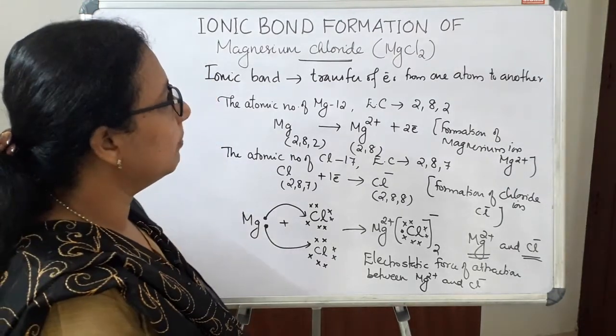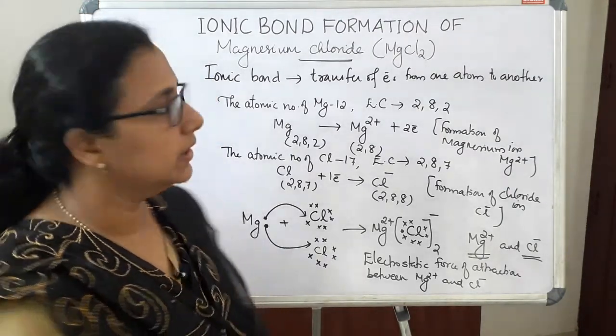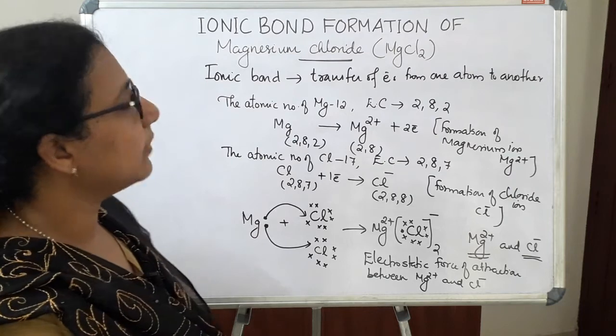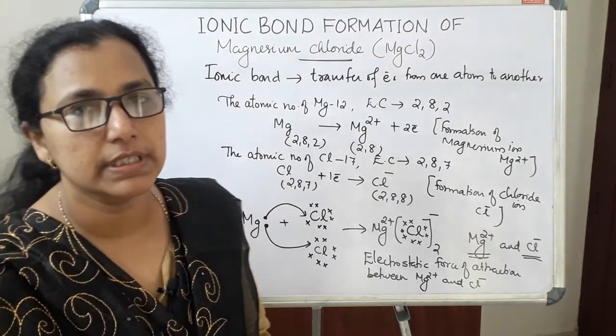So this is how magnesium chloride is formed, and this is the explanation of ionic bond formation of magnesium chloride.